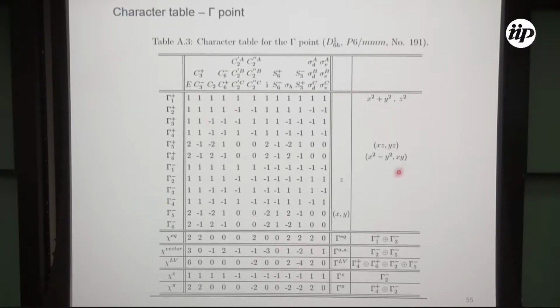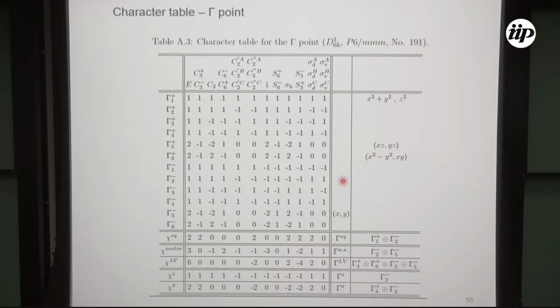First of all, you have to look at the base functions, right? And I told you yesterday, those irreducible representations that have quadratic functions, they are candidates for Raman. So they can represent vibrational modes which are Raman active, okay?